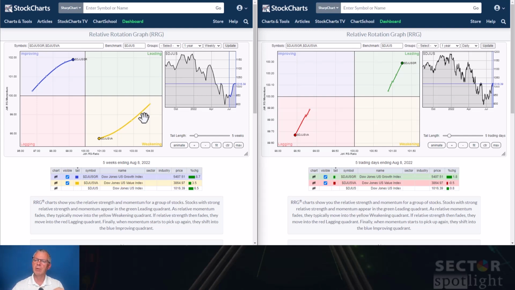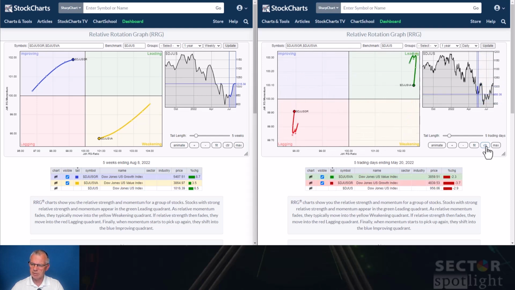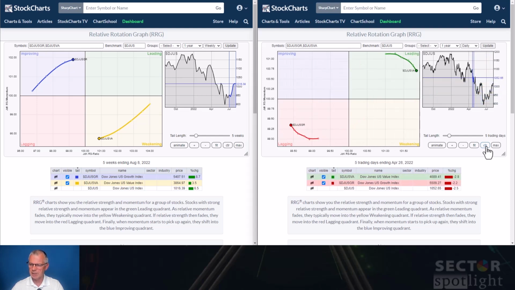If we go to the right hand side of the screen where we see the daily version of this chart, it's actually underscoring again the preference for growth over value. You see growth clearly inside the leading quadrant while value is clearly inside the lagging quadrant, and they are moving in opposite directions. And if we scroll back through time a little bit, then you can see how this has been playing out.